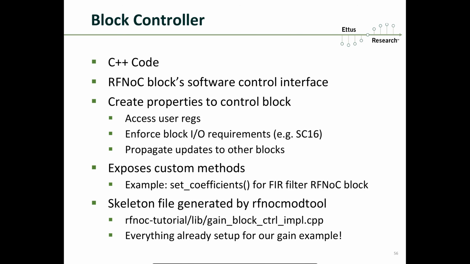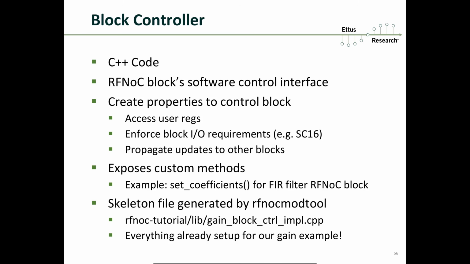It's what we use through the UHD API to communicate and control our block. One of the ways that we do that is by creating properties, which allow us to access user registers and force block I/O requirements, such as our input and output data types needing to be SC16. So say we hook up with another block that uses a different data type, we'd have an error.